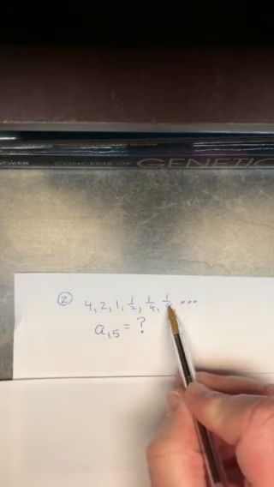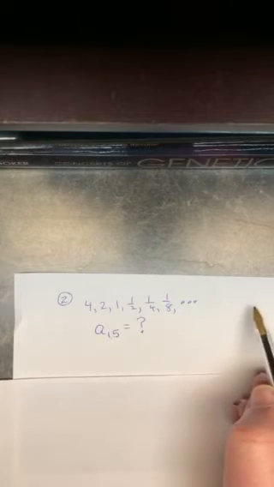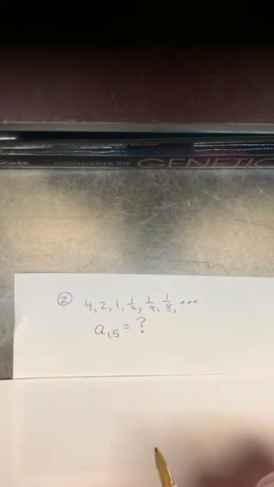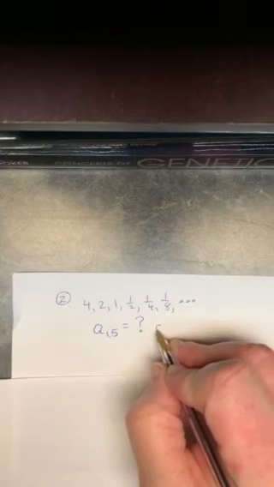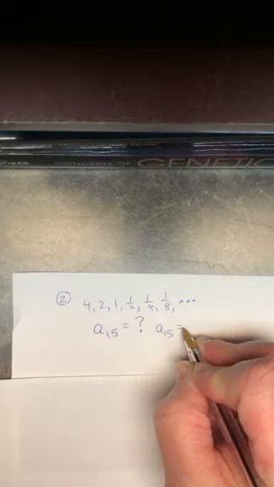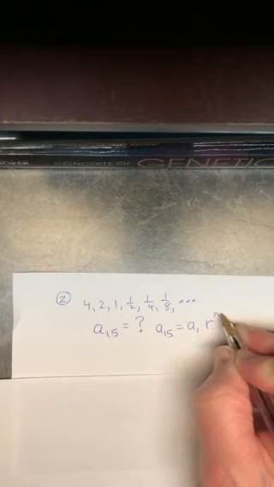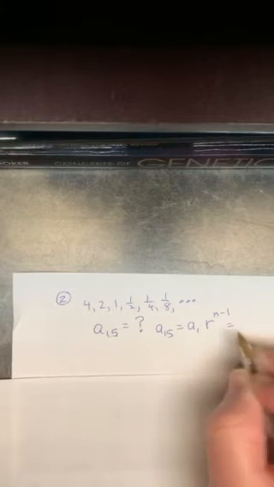I guess if you wanted to keep going, you could write down the next 9 numbers in a row and figure out what the 15th would look like. I'm just going to use the formula I just gave you. A sub 15 equals, now remember guys, it's a sub 1 times r to the n minus 1. So here we go.